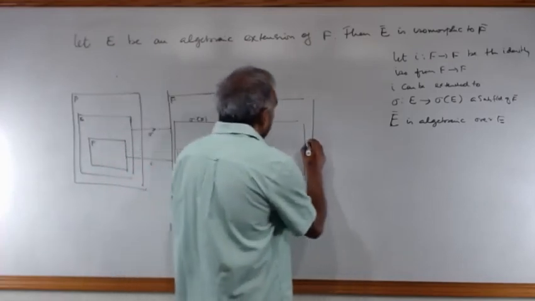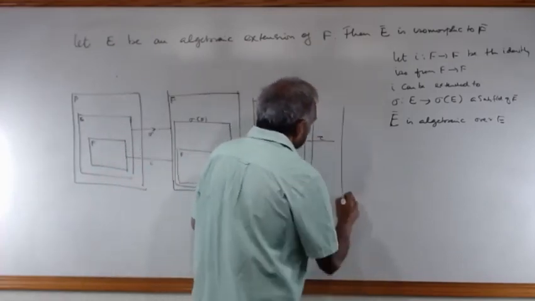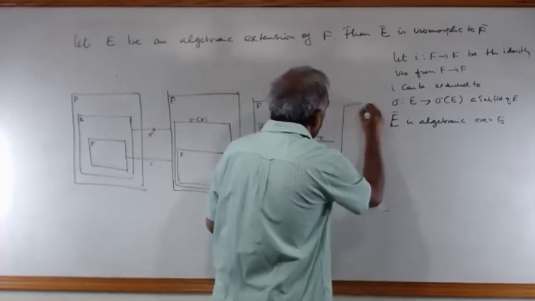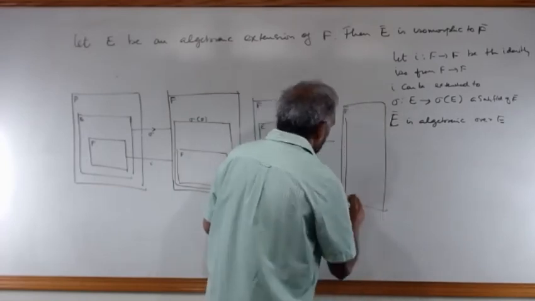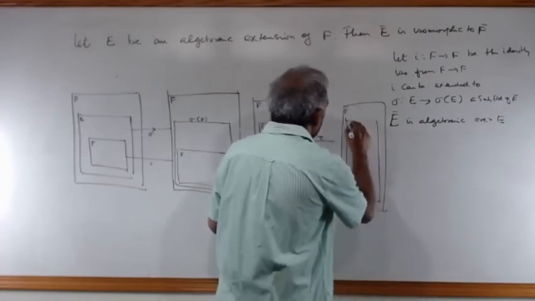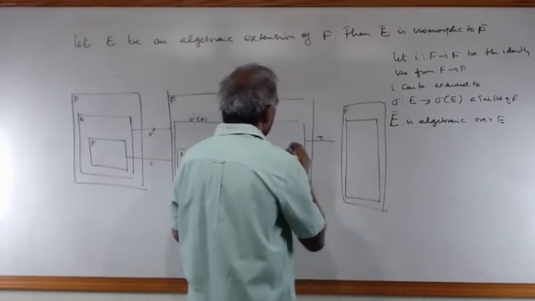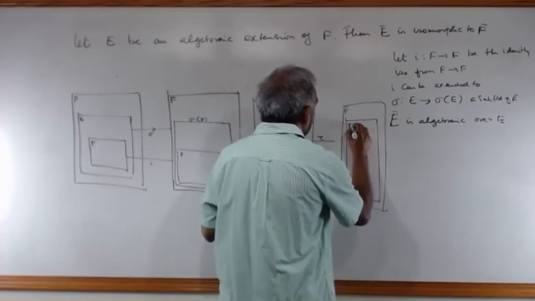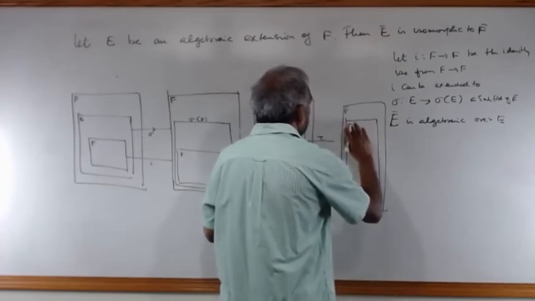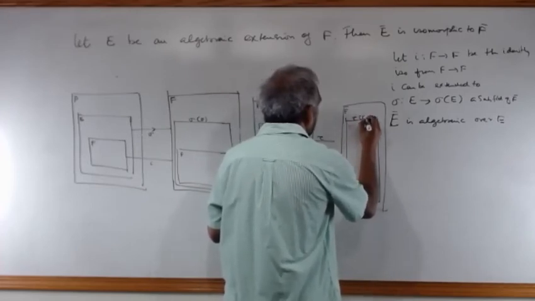So that is probably a tau. This is again F closure. This is our E closure. Sorry, not the E closure, this is tau of E closure.